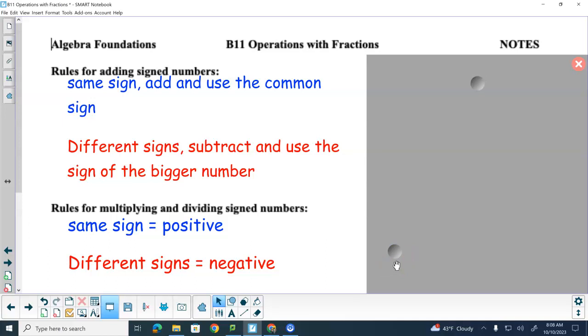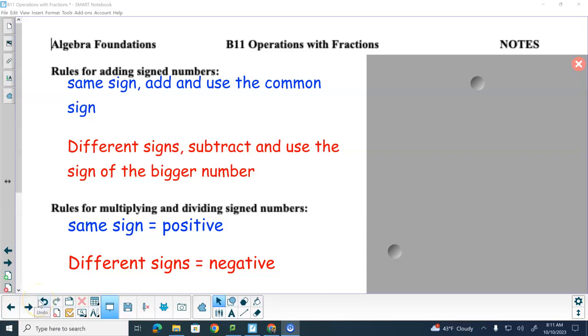This was Unit A stuff. We're bringing it back because we want to keep going over it and reusing it. So write this down under rules for adding signed numbers. Keep the right half of your page, we're going to fill that up too.